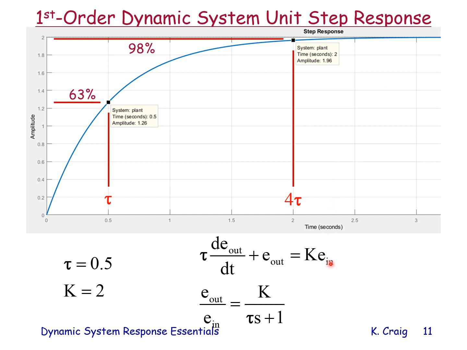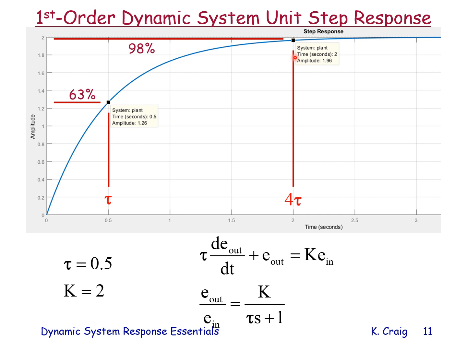K is 2, E in is 1, steady state value is 2. And in 4 tau seconds, MATLAB helps me see that the system is 98% of the way to the steady state value. So in essentially 4 time constants, the system, from an engineering point of view, has reached steady state.